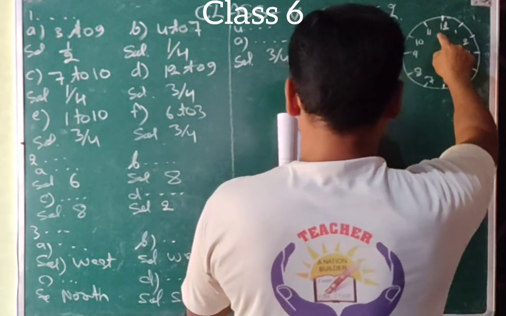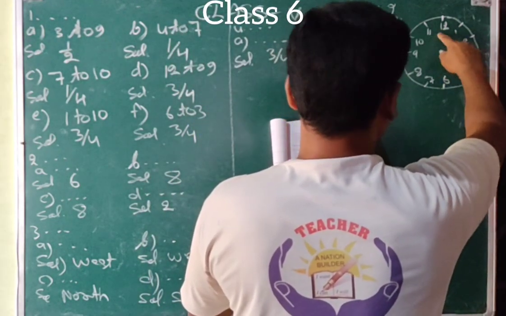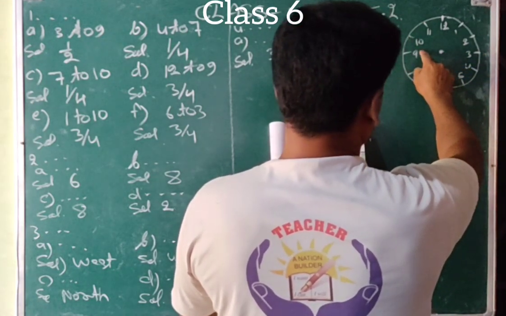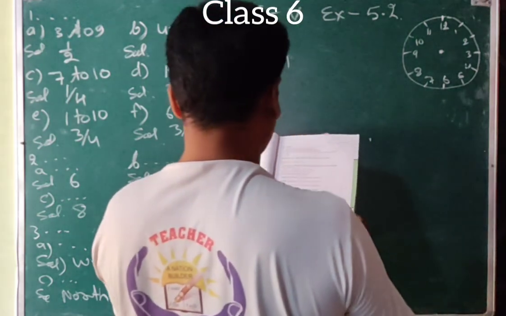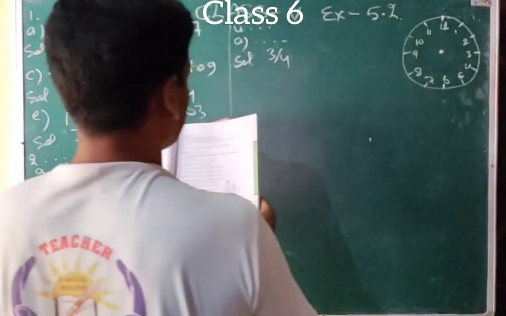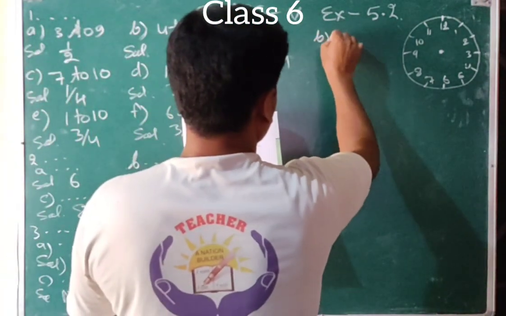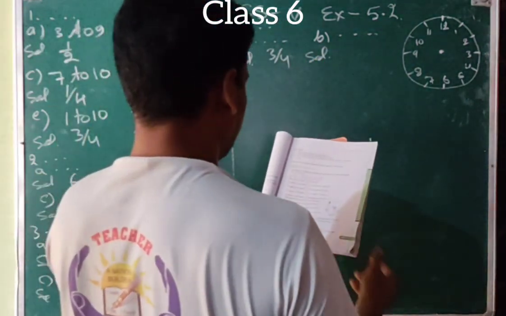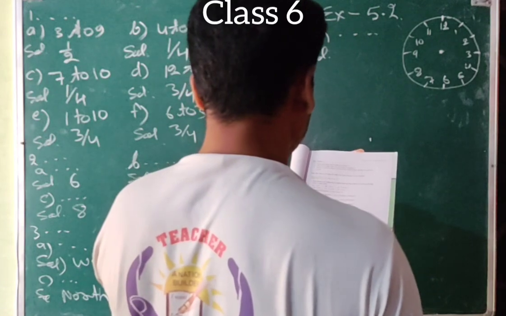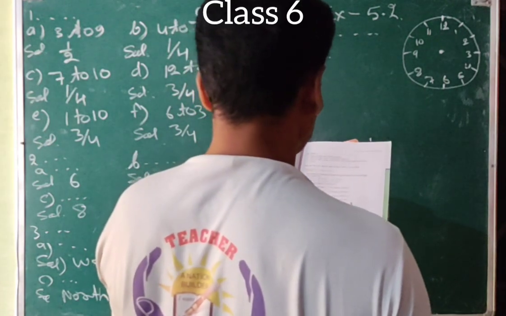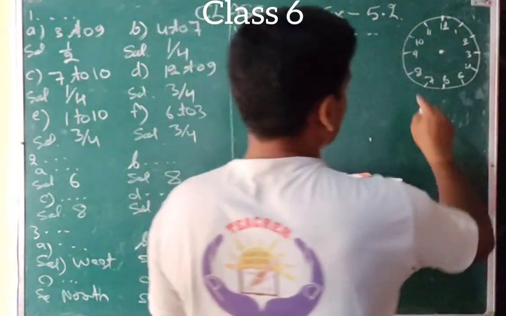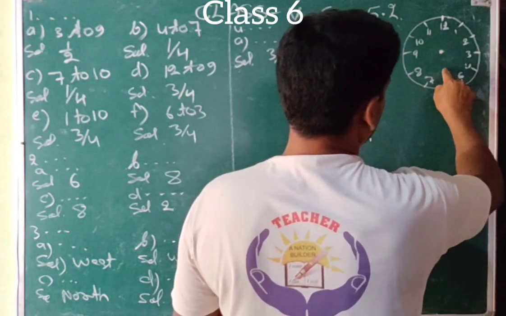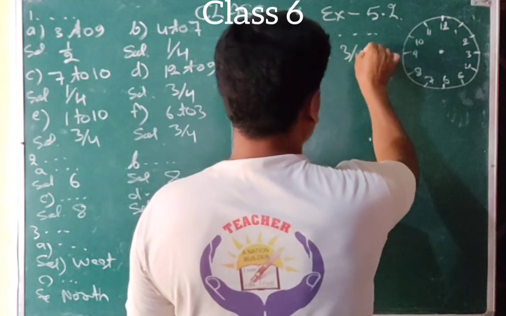Suppose this is the east, start from east, then clockwise it will go to north. And then B part, south and turn clockwise to east, that is also 3/4.